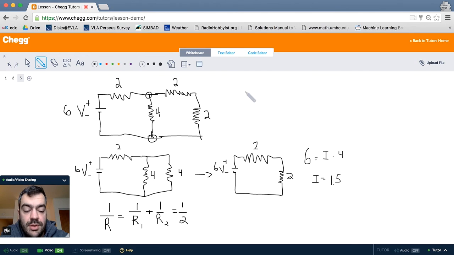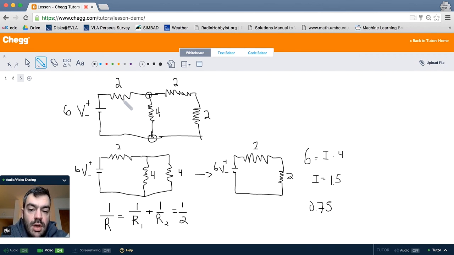So that means that essentially half of the current goes through each branch of this because they're the same resistance value. So that means that each branch gets 0.75 amps worth of current going through.